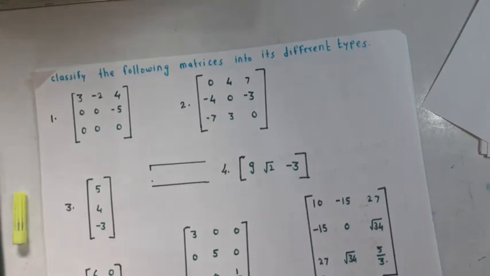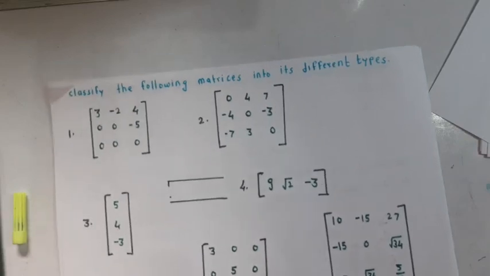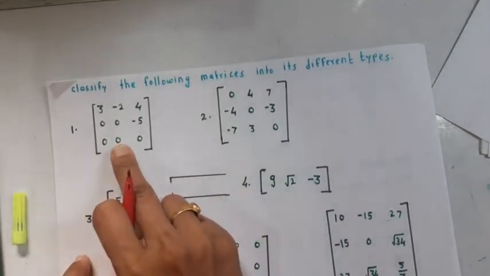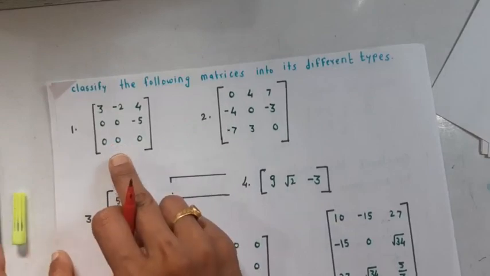These are the different types of matrices that we have learned in the last lecture. Okay, and we have to use those definitions or properties of matrices to classify the given matrices according to their type.